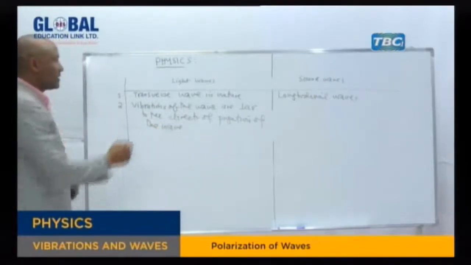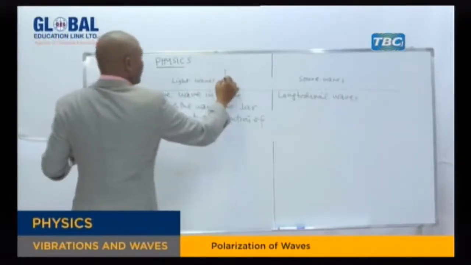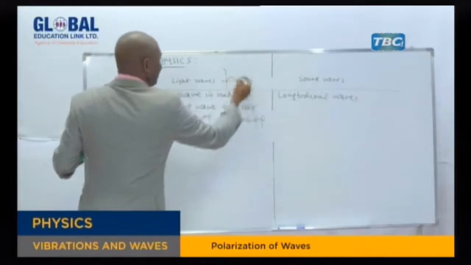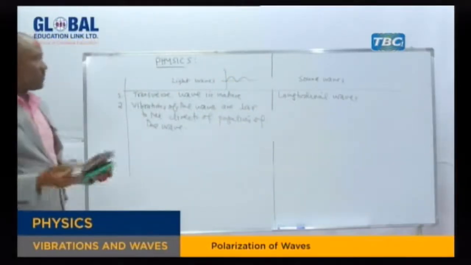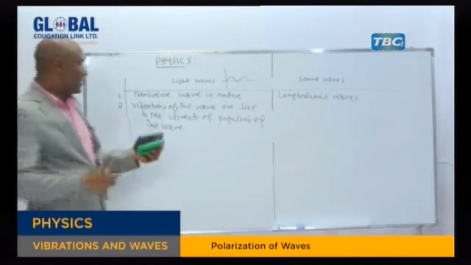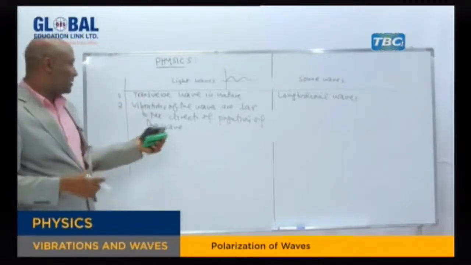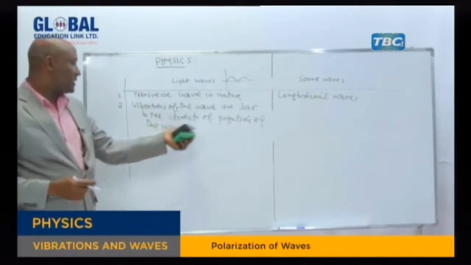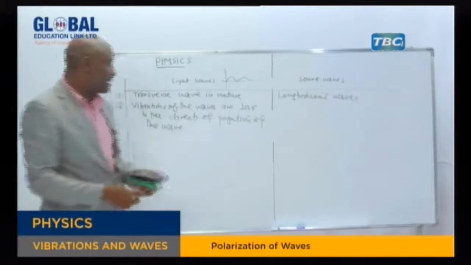Remember we said they normally move like this. It has two components at right angles, so the way the particles are moving makes 90 degrees with the way the wave propagates.